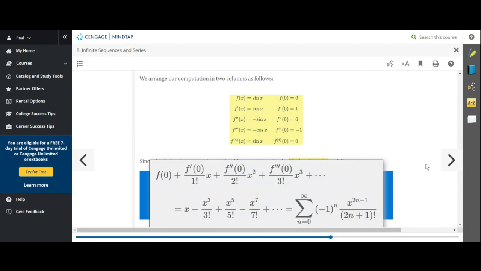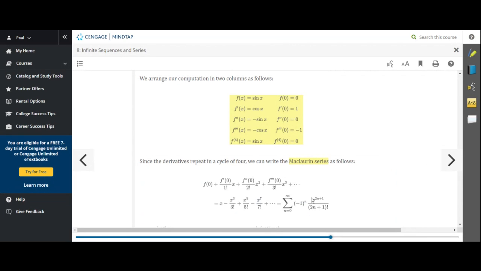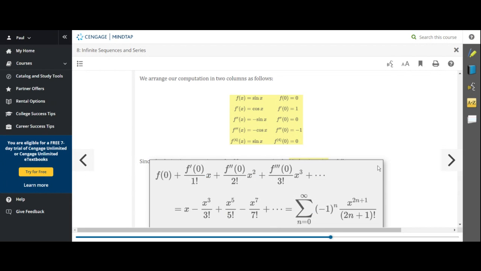And you're going to get for the Maclaurin series x minus x cubed over 3 factorial plus x to the 5th over 5 factorial minus x to the 7th power over 7 factorial plus and so forth. The even terms drop out because the derivatives that go with the even powers of x equal 0.